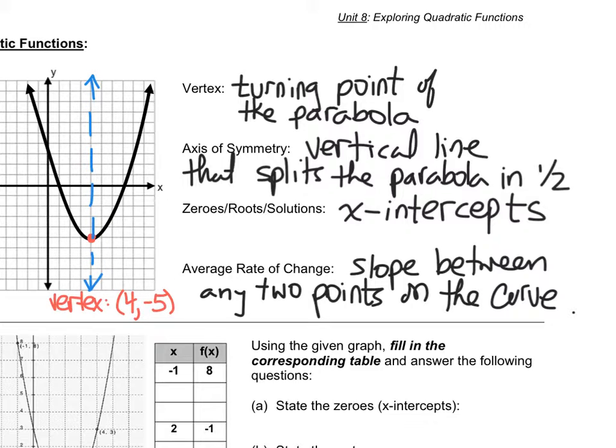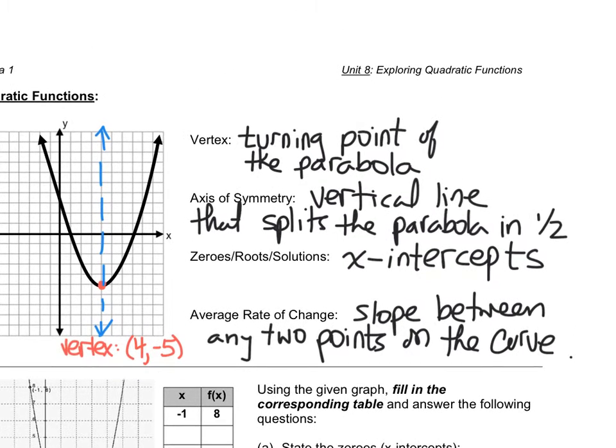I'm doing that on purpose because whenever you draw something as a dashed or dotted line or curve on a graph, it means that it creates a boundary, it gives you a sense of scale, but it doesn't actually exist as part of the graph. It's just giving us a sense of where the fold would be if you were to try to fold this upon itself. But that's our axis of symmetry.